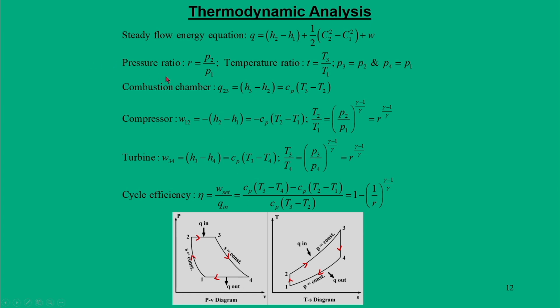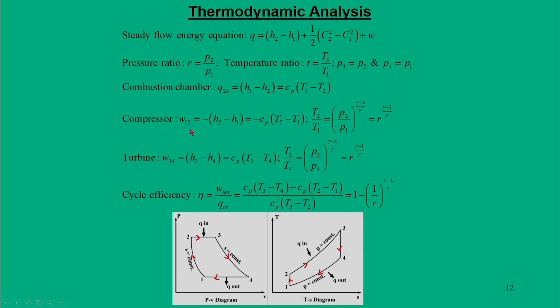But before you do that, we define some important parameters, that is pressure ratio, which is R equal to P2 by P1, and temperature ratio, which is T equal to T3 by T1, and this T3 by T1 is nothing but the maximum temperature to minimum temperature. So, in the combustion chamber, the heat addition process can be represented as Q23, that is H3 minus H2, and since air is used as an ideal gas, it can be represented as Cp times (T3 minus T2).